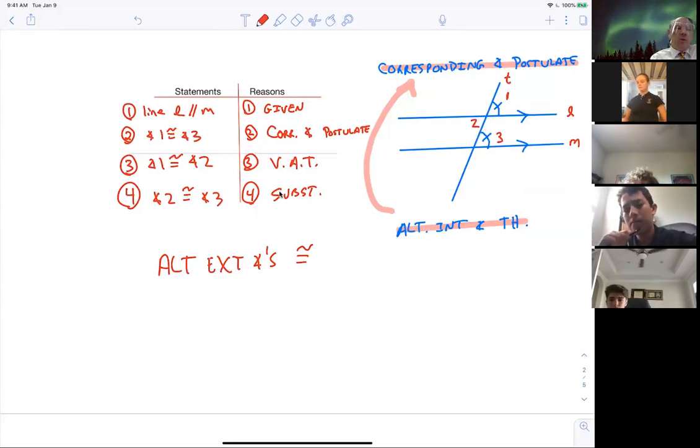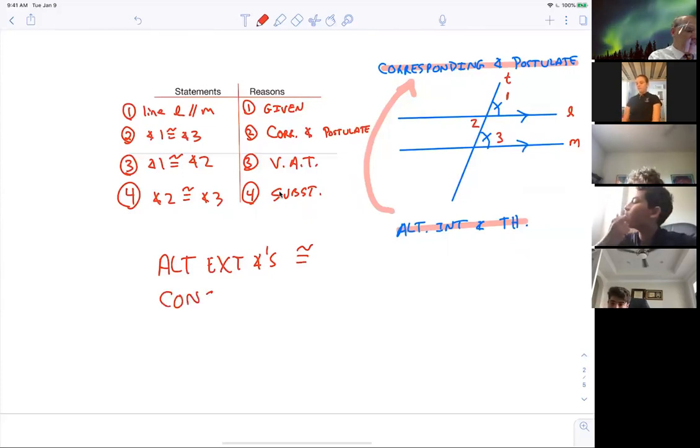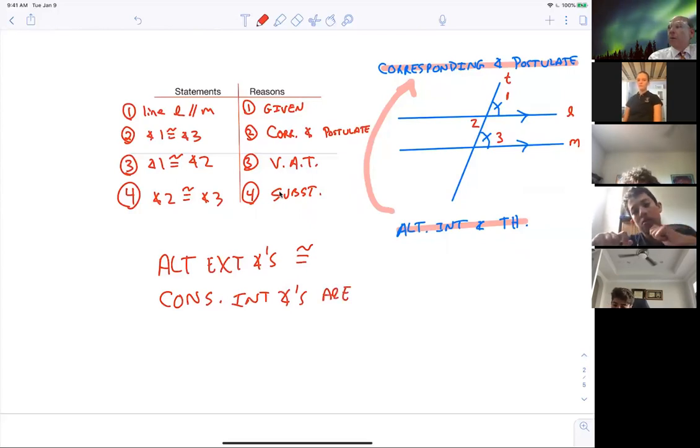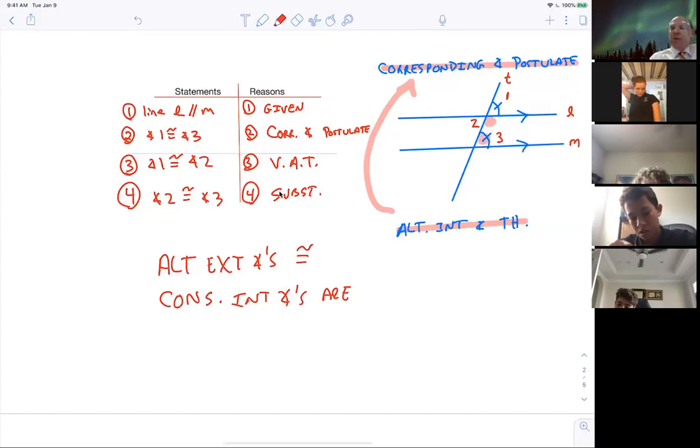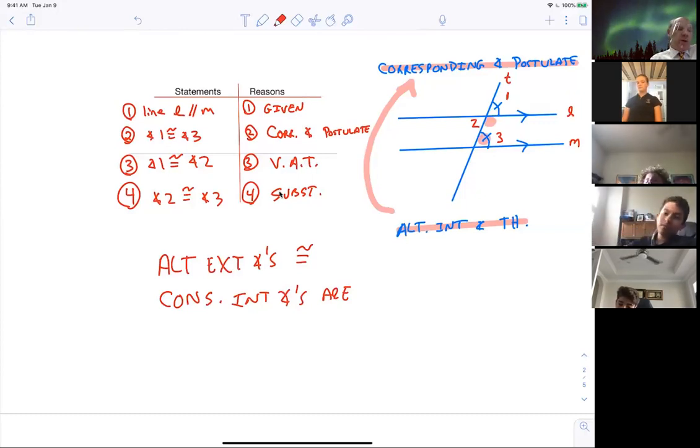So we have alternate interior angles are congruent, alternate exterior angles are congruent, corresponding angles are congruent. And then we have to prove that consecutive interior angles are what? Let's look right here. This and this are consecutive interiors. So what would they be? Supplementary. That is absolutely correct.